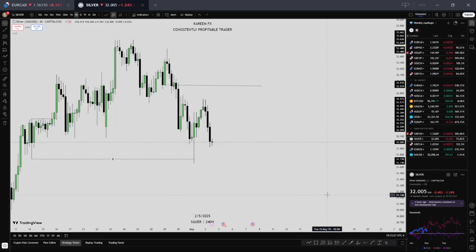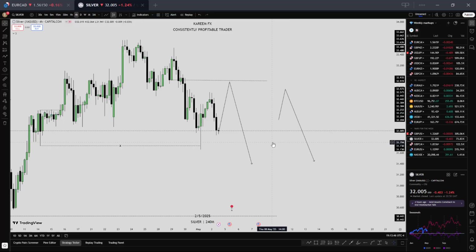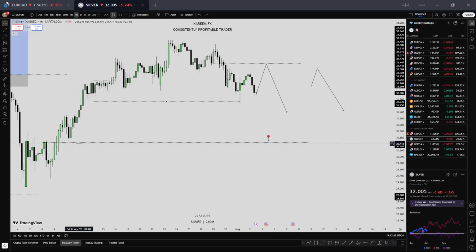So hopefully price may push up, tap it and go lower, or price may just come for, like, a take out of this high then just go lower. However it does, I'll just be looking and I'll frame my trade around that. My TP area, these lows over here, that's my TP area, so I've marked it with the golf ball, whatever.